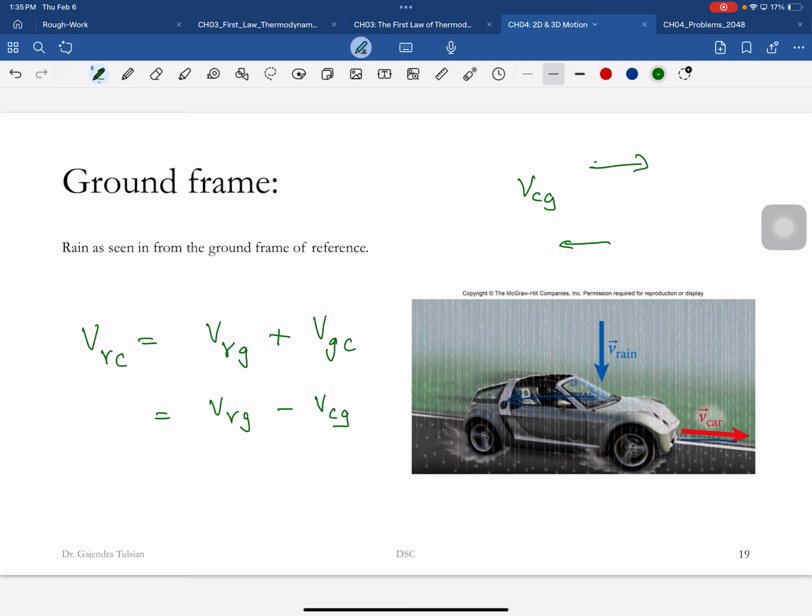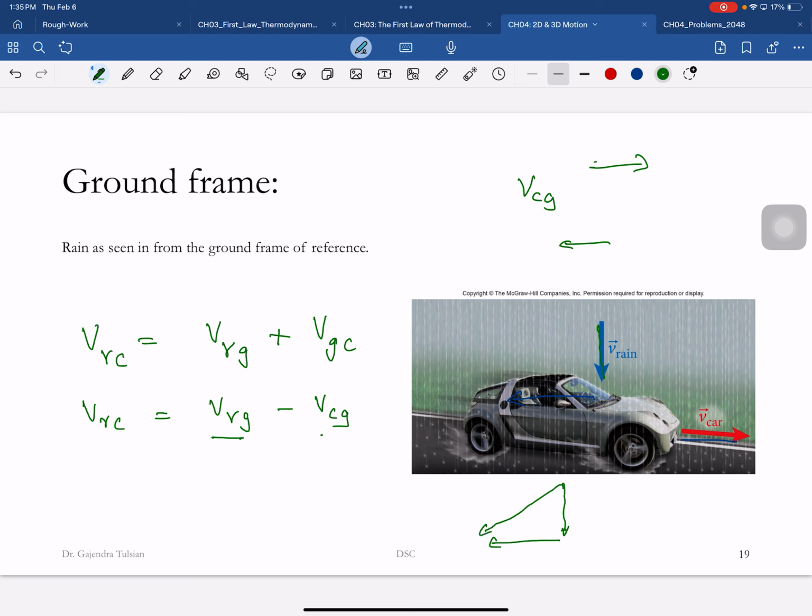So velocity of rain with reference to car is velocity of rain with reference to ground minus velocity of car with reference to ground. So minus of that, so this plus this.